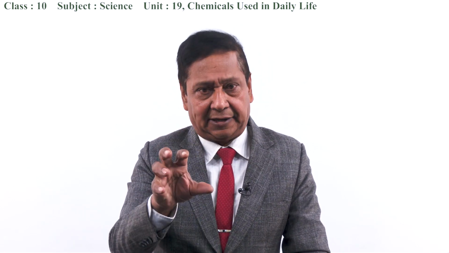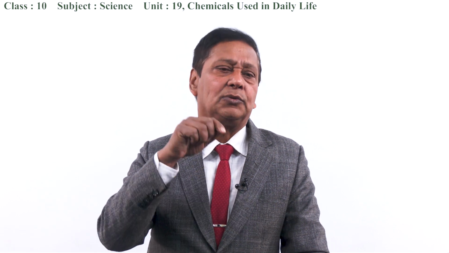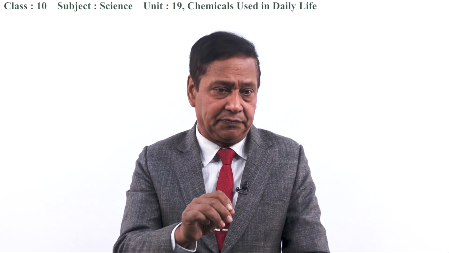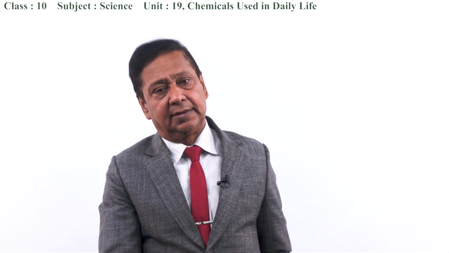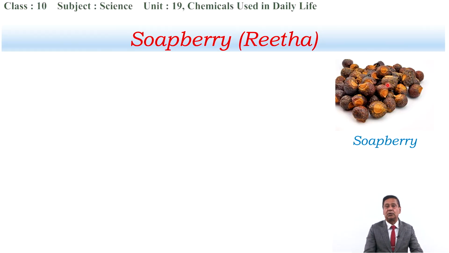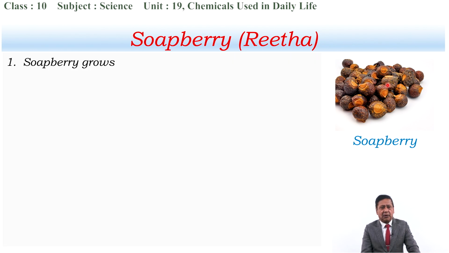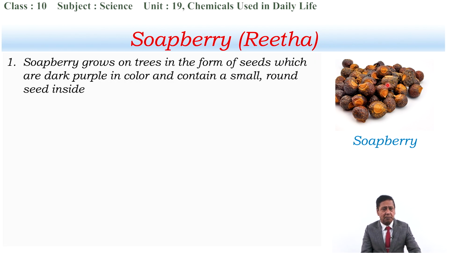These are the basics. I want to tell you a little information about each of them. Let's have the first, soap berry, which is called Rita. Soap berry grows on trees in the form of seeds which are dark purple in color and contain a small round seed inside.